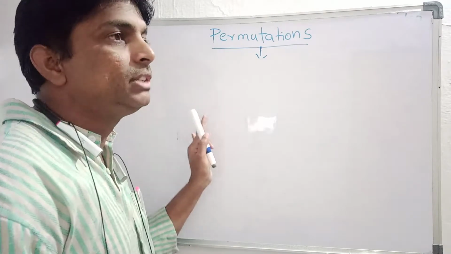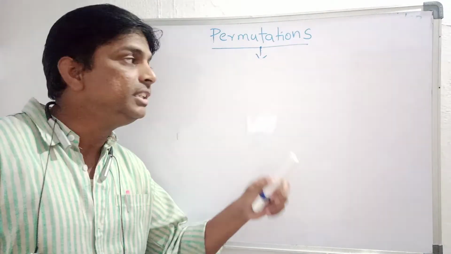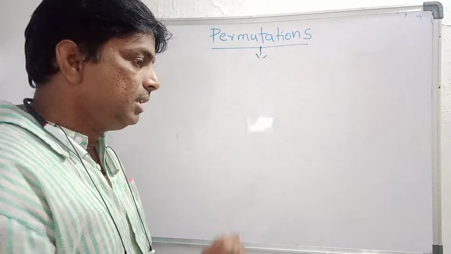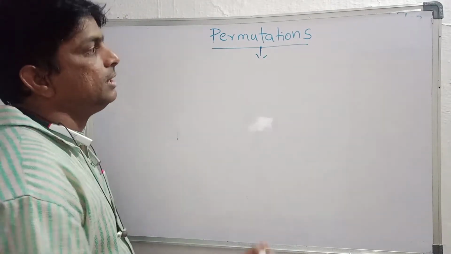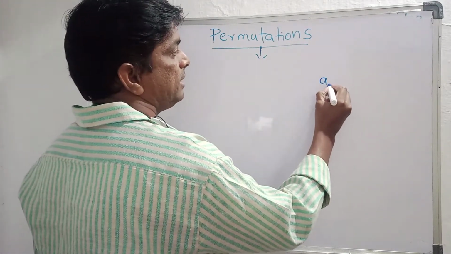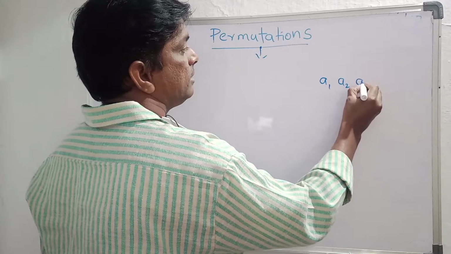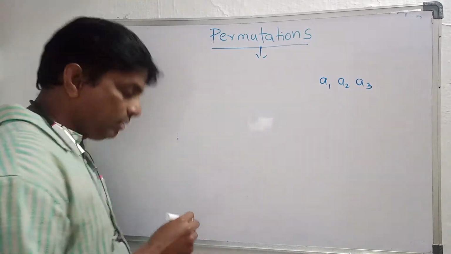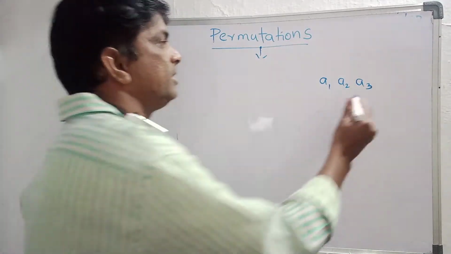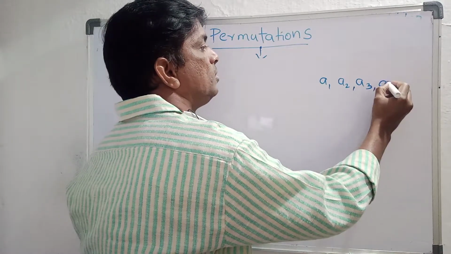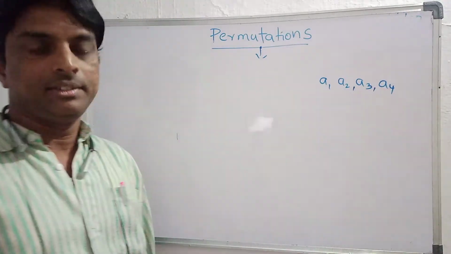Now let's see how this counting principle of multiplication is useful in solving the earlier problem. Before that, let's suppose I have A1, A2, A3 and a fourth person. Let's see how many ways these four persons can stand in a line.